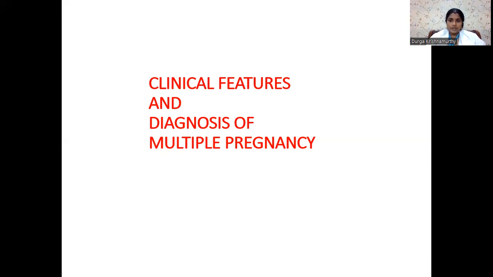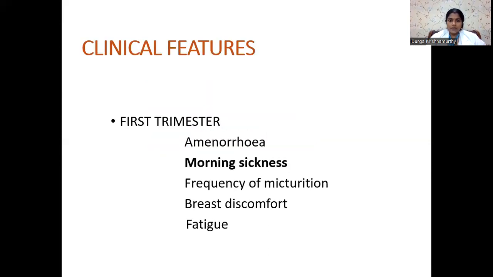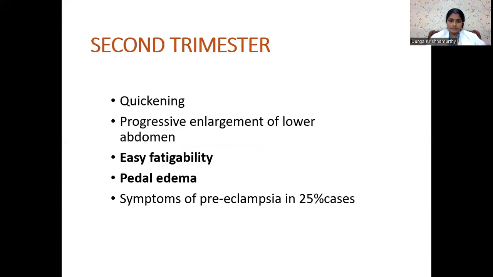Discussing the clinical features, in the first trimester there is amenorrhea, a period of absence of menses, and increased morning sickness because of the increased levels of beta HCG secreted by the placenta. Frequency of micturition is there. There is breast discomfort and increased fatigability.